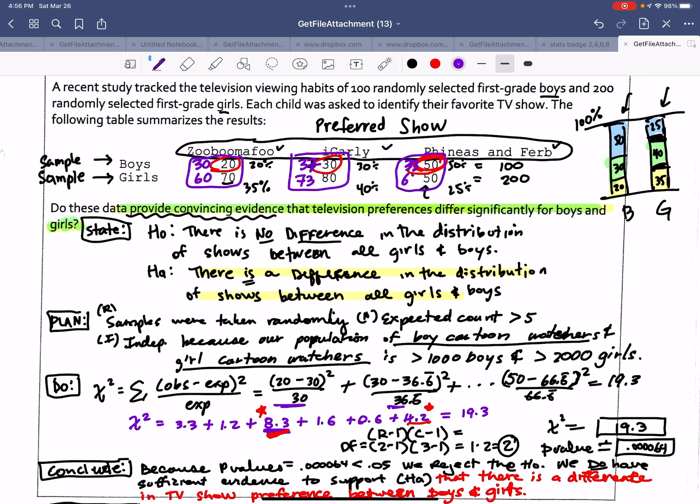Here they expected 66. So the number that had the highest was this one, and the number that had the highest was that one. So essentially it's showing that we expected 33, but 50 watched. It's not quite double, but it's quite a bit more. We expected 66, but only 50 watched.